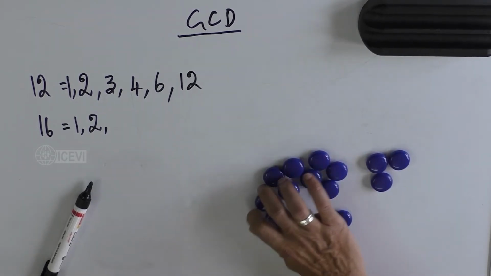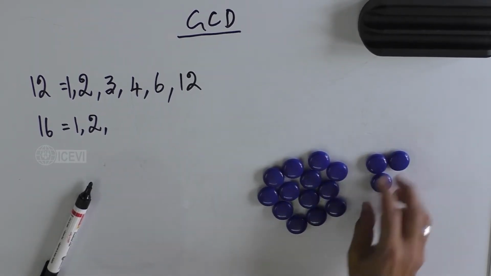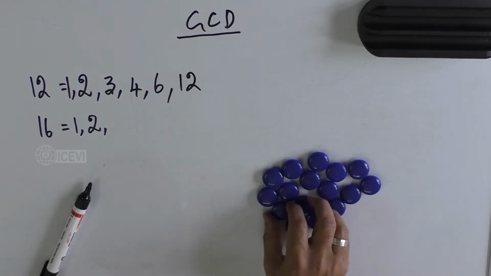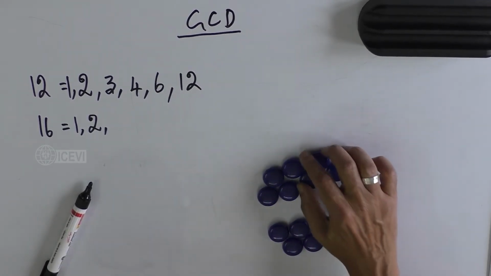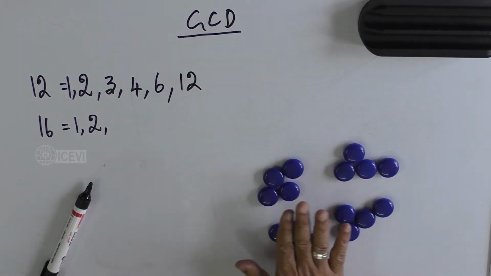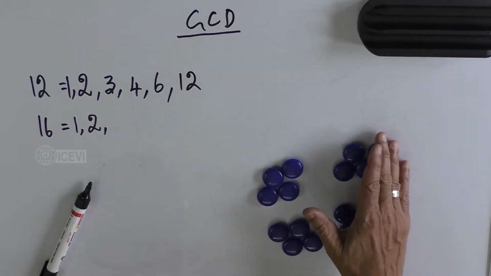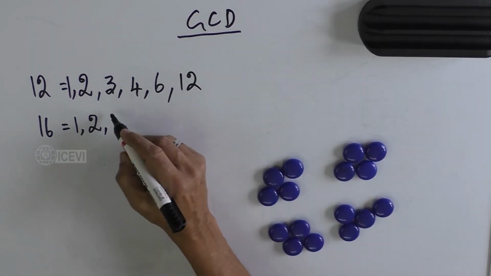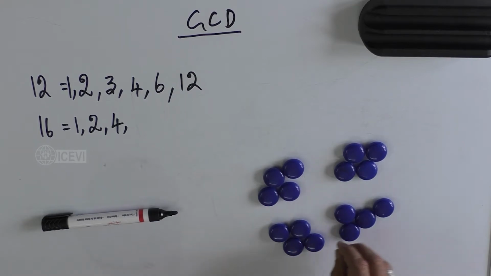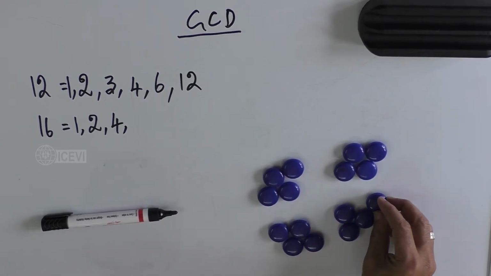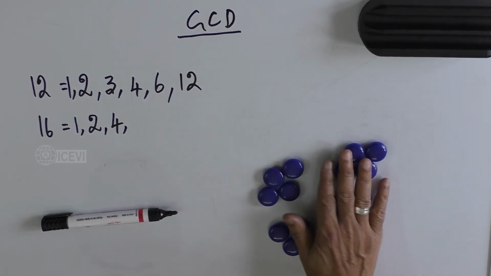So what about 4? Now you group the 16 in terms of 4. 4, 4, 4. Yes, it can be grouped without getting a remainder. So 4 is a divisor for 16. What about 5? No. 6? No. 7?